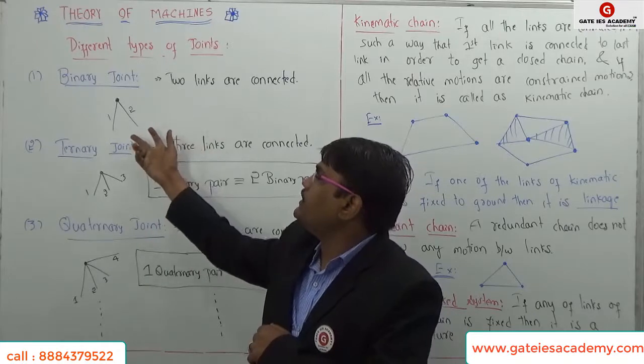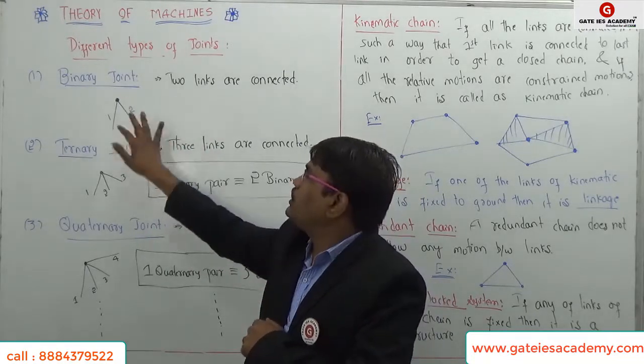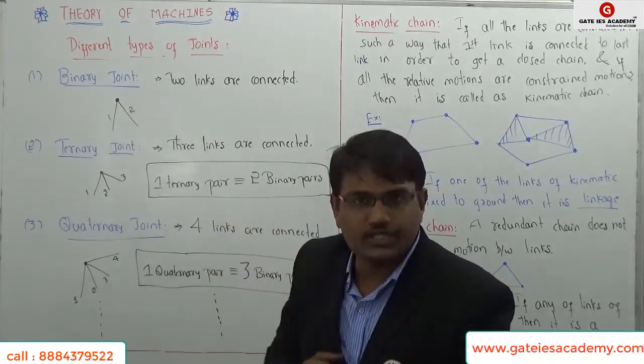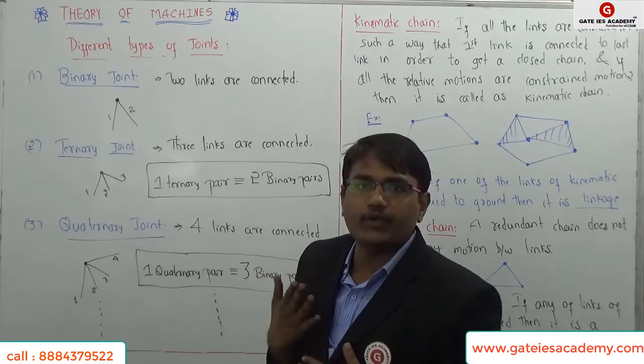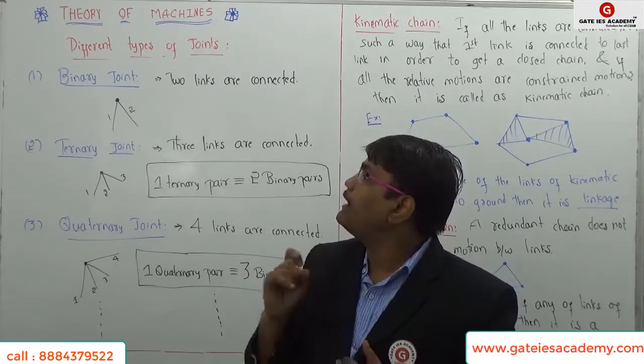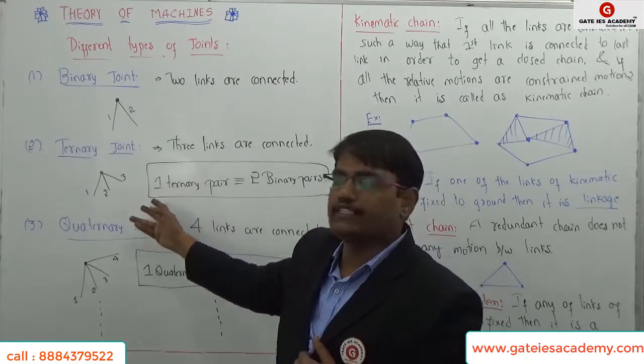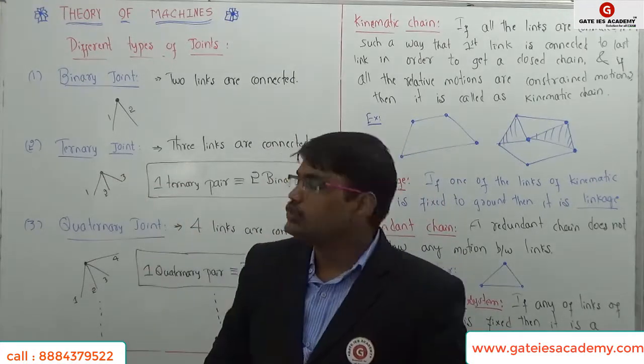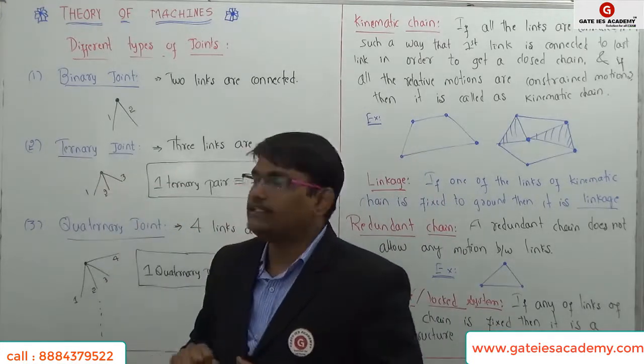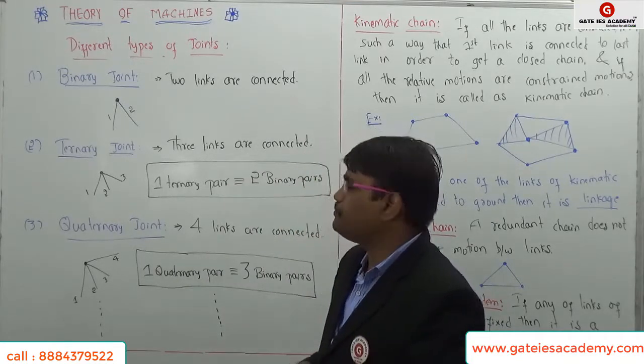A binary joint is a joint to which two links can be connected. If two links are connected to any joint, then it is a binary joint. If three links are getting connected to any joint, then it is a ternary joint.